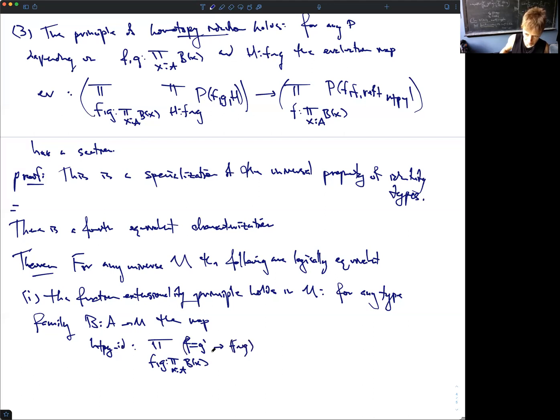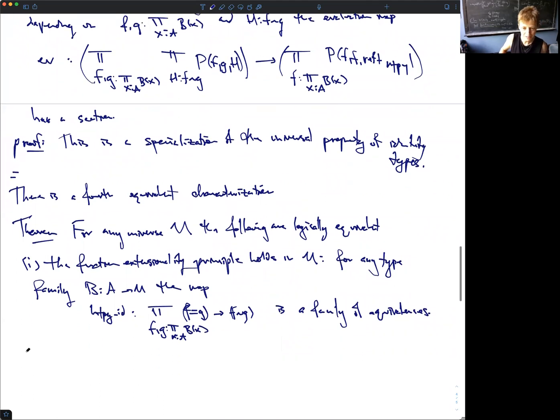So this map is a family of equivalences, meaning for each particular f and g, I have an equivalence. So that's just the statement of function extensionality repeated again as we try and internalize it.